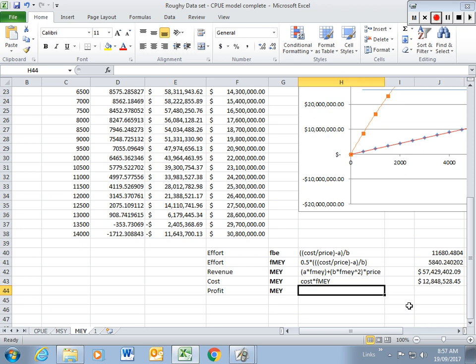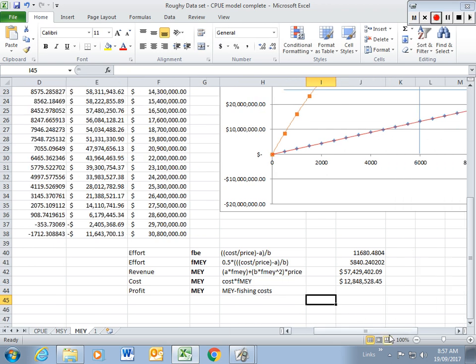Now the profit itself is going to be MEY, sorry I better go back in here, MEY minus the fishing costs. So it's practically this figure minus that figure, which is the easiest way to go.